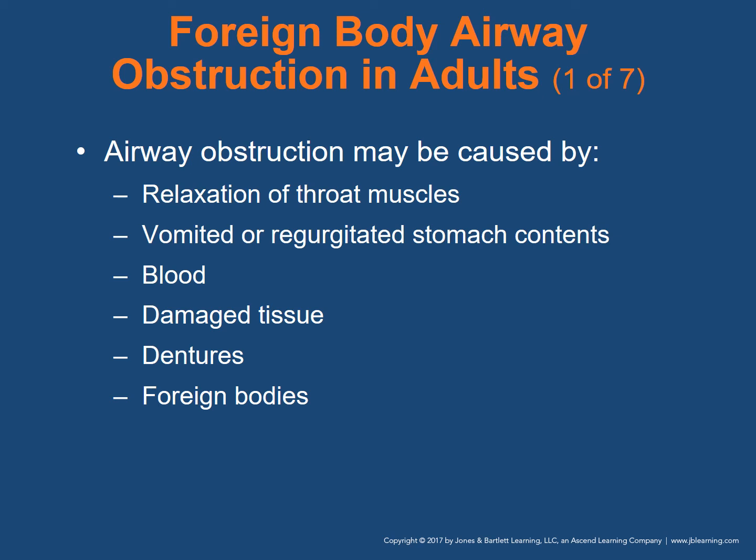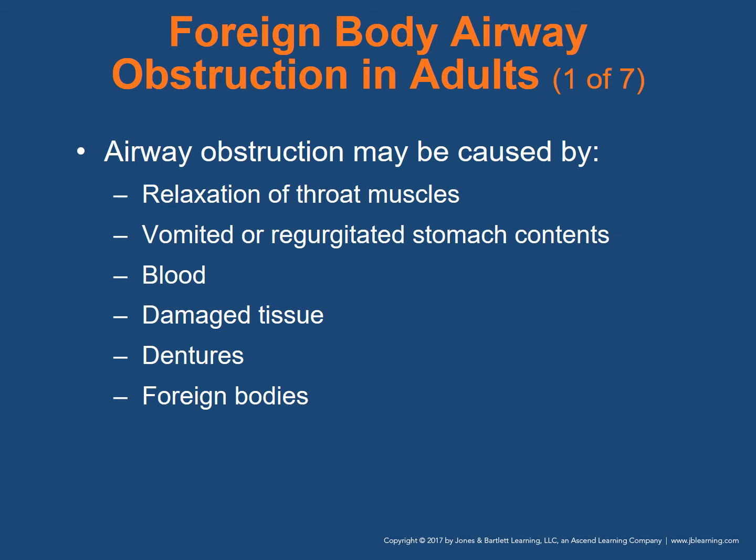Vomited or regurgitated stomach contents. Of course, we talked about vomiting causes an extreme risk of aspiration, to breathe in that vomit or fluid or outside material into the lungs. So the easiest way, of course, to manage this is to suction the airway.